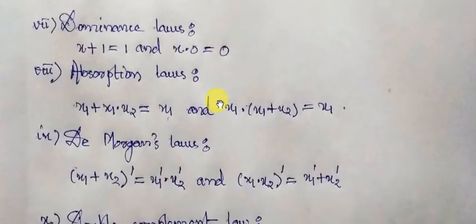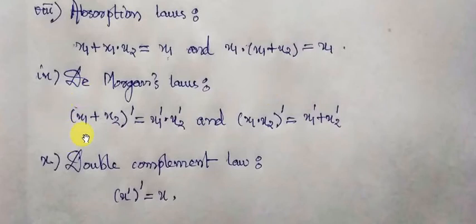The absorption law: x1 plus x1 into x2 is equal to x1, and x1 into (x1 plus x2) is equal to x1. De Morgan's law: (x1 plus x2) whole complement equal to x1 complement into x2 complement, and (x1 into x2) whole complement is equal to x1 complement plus x2 complement.